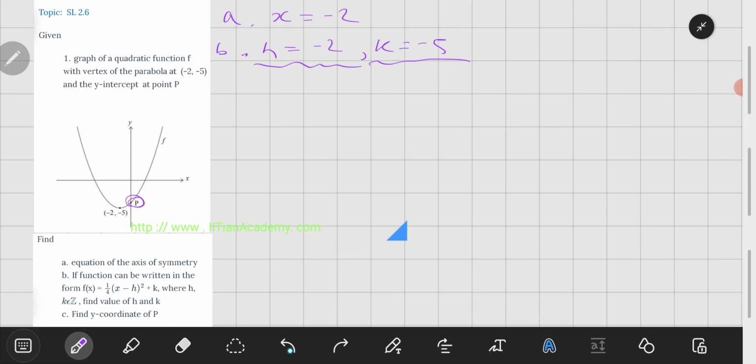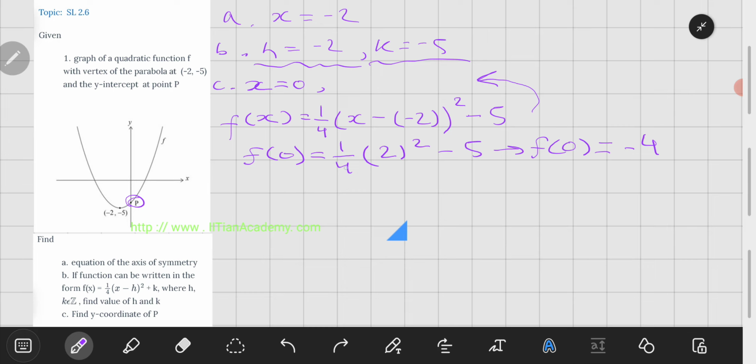To find our y-intercept, we first know that x is equal to 0 at our y-intercept. So we can now evaluate our vertex form equation, substituting h and k into our equation, and evaluating for the function at x is equal to 0.